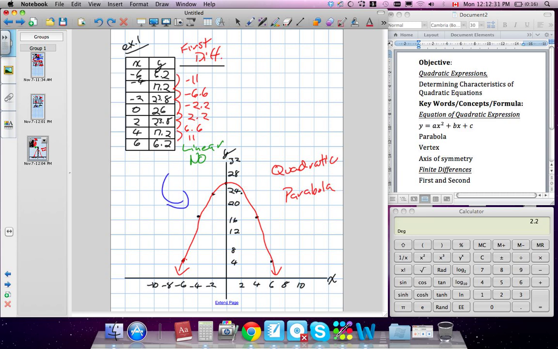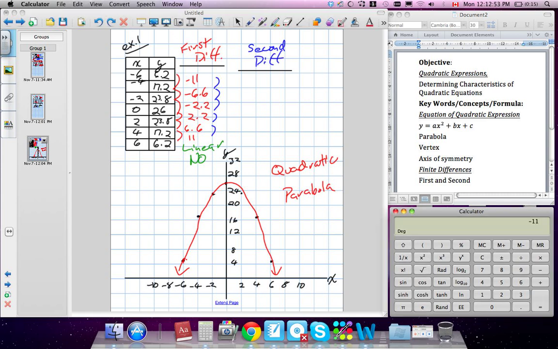The next thing I'm going to do is subtract those terms. That will give me my second differences. So I take negative 11 and I subtract negative 6.6.